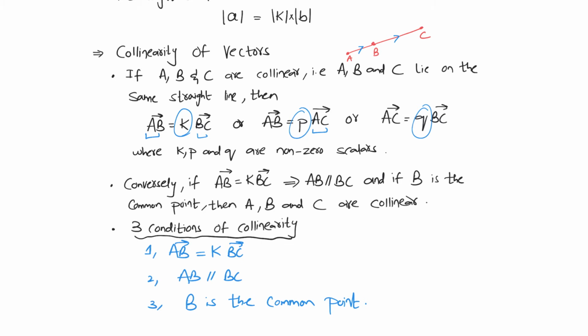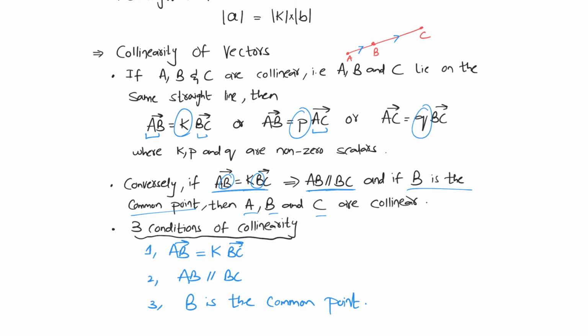Okay, and conversely, if vector AB is K times vector BC, then you know the following things: AB is parallel to BC, and if B is the common point over here, then you can conclude that A, B and C are going to be collinear points. So there are 3 conditions for collinearity.